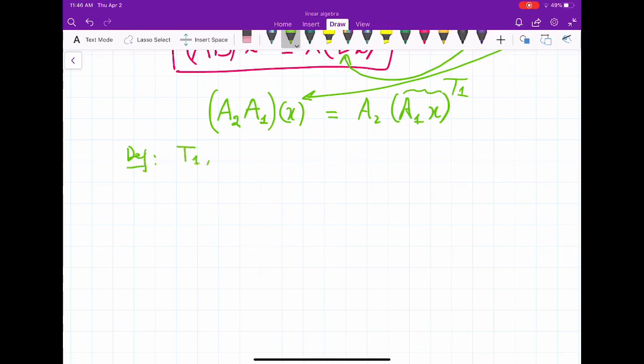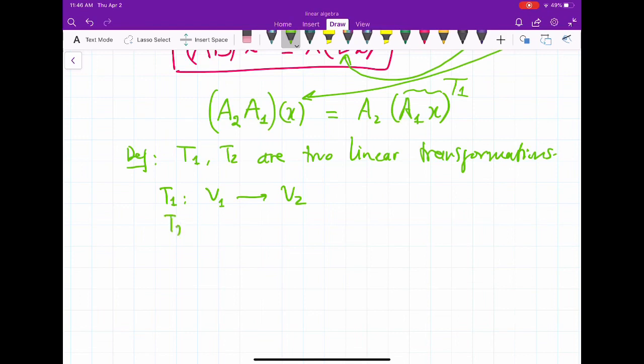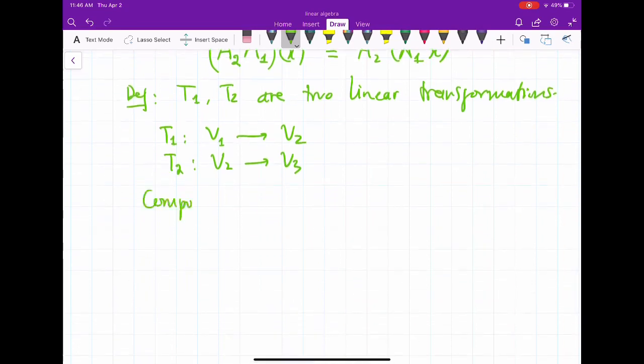So overall, from this picture, you define the following one. If T1 and T2 are two linear transformations, let's say T1 from V1 to V2 and T2 from V2 to V3, where V1, V2, V3 are vector spaces, you might consider a composition of T2 with T1, which is equal to T2(T1).